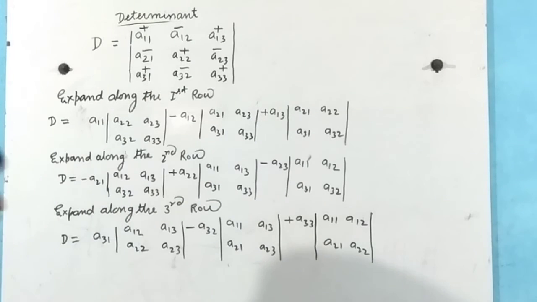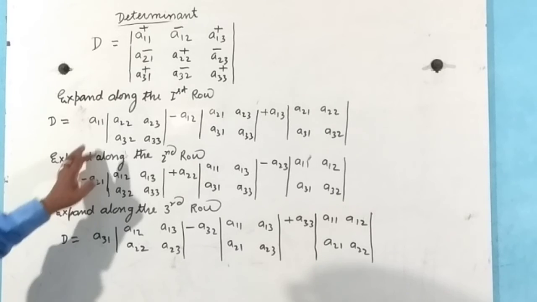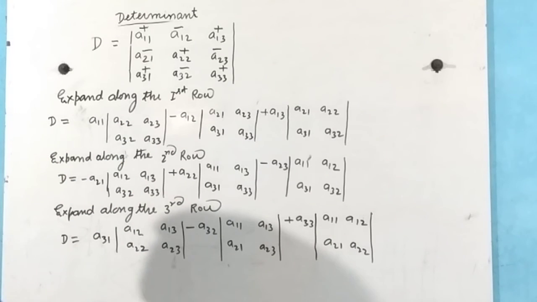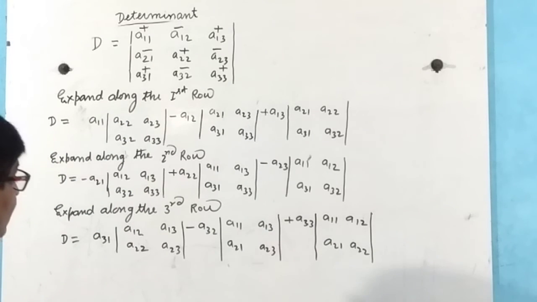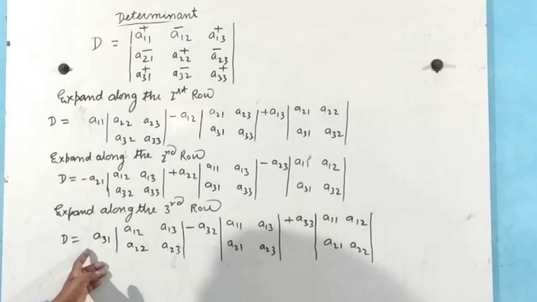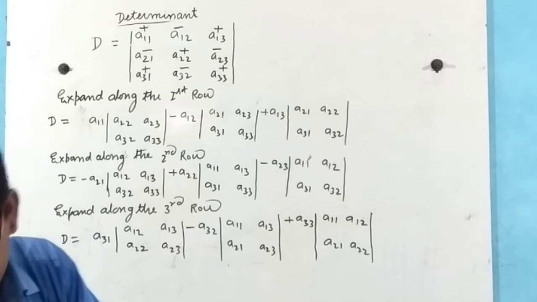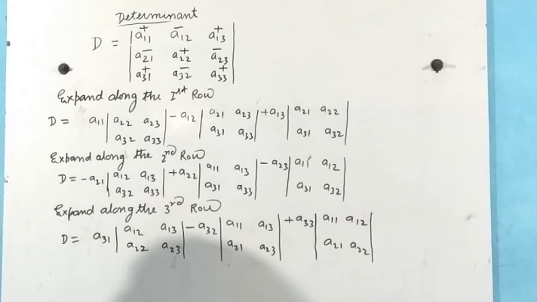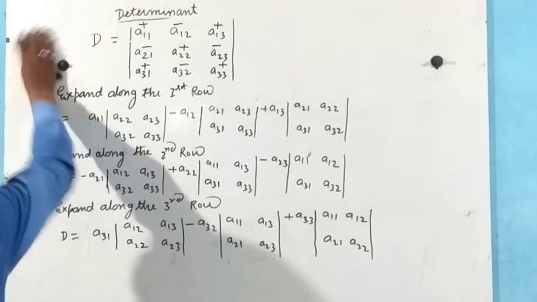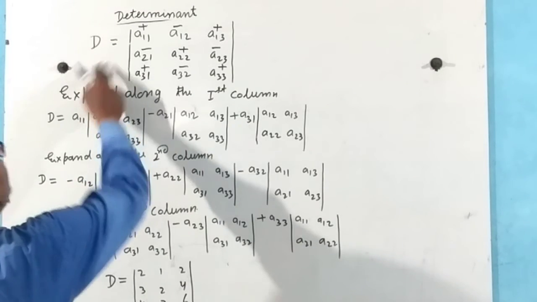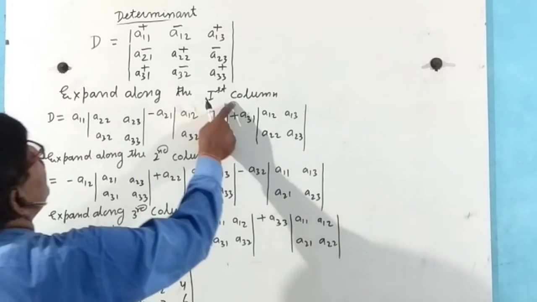Now we see this value of this is expand the determinant along the row. Similarly, we can also expand the determinant along the columns here. Now this determinant here expand along the first column.